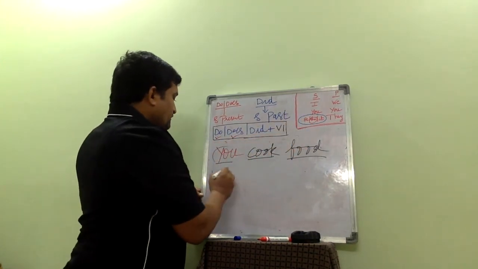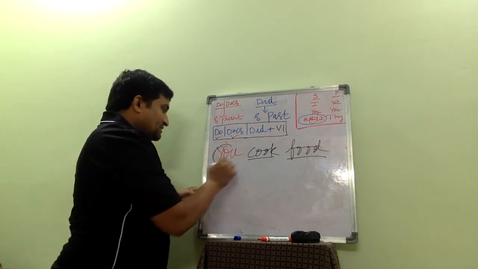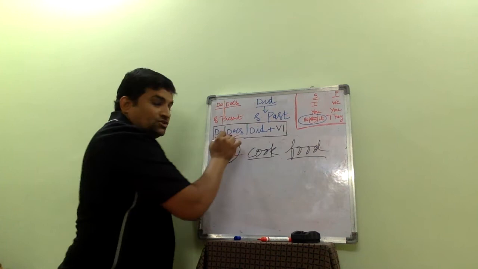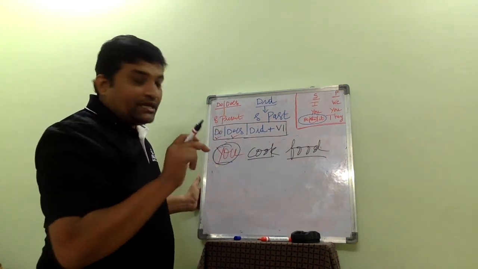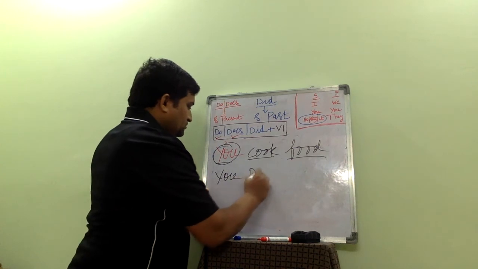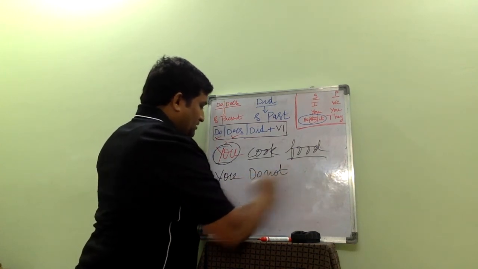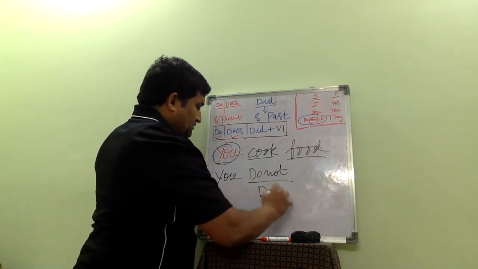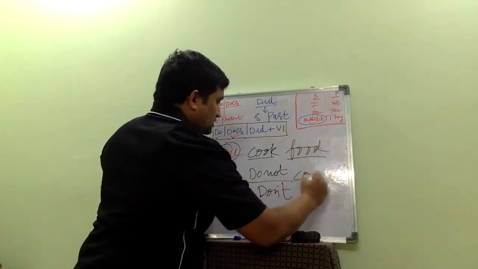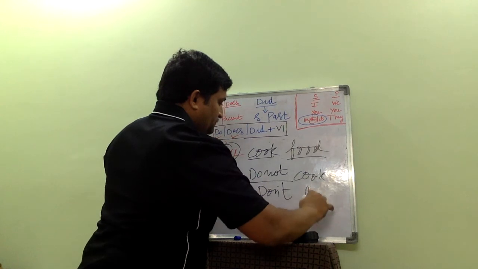So here, since the subject is you, we always use do. Does is used only for he, she, it. So, you do not, or you can write don't also. You do not cook food.